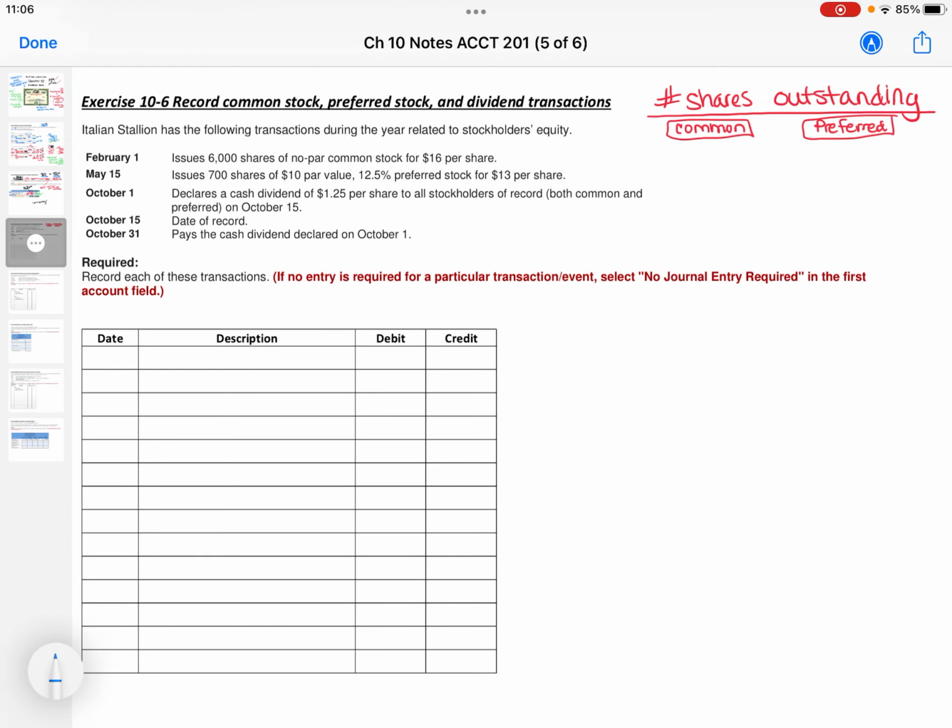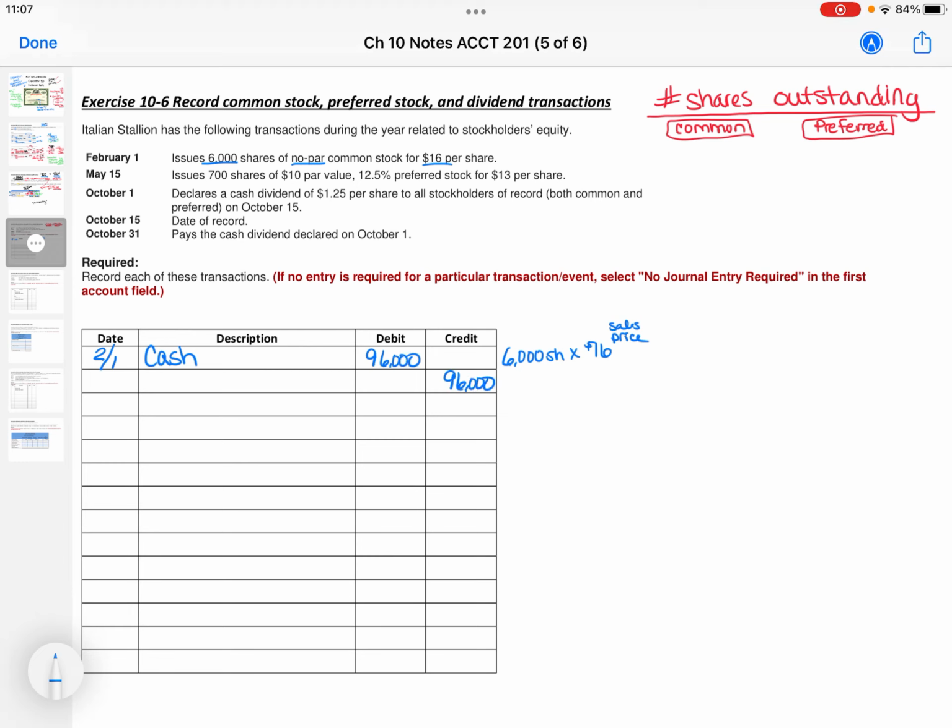I'm going to issue or sell 6,000 shares of no par common stock. Yay, that's the easiest, right? Okay, so debit cash, 6,000 shares, no par, $16 a share. So I'm going to write down 6,000 shares times 16, which is the sales price, and that's a total of 96,000.